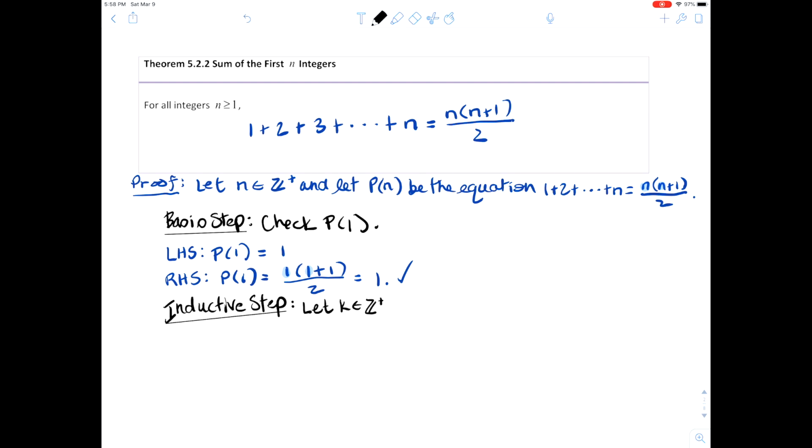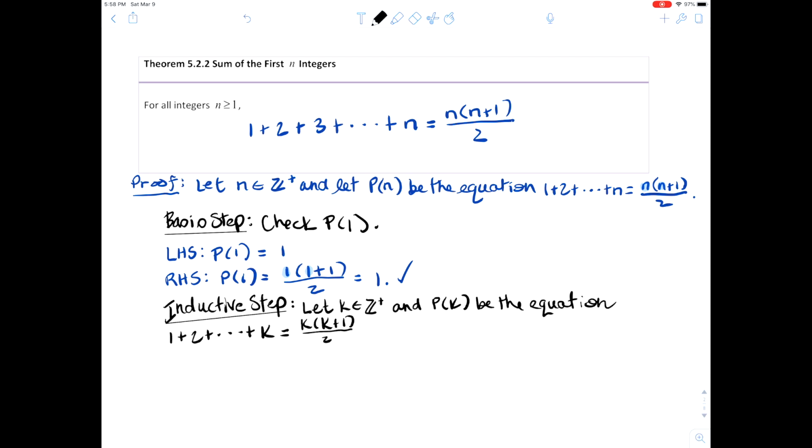And why don't we let, what is our P of k going to be? It'll be the equation 1 plus 2 plus dot dot dot plus k is equal to k times k plus 1 over 2.